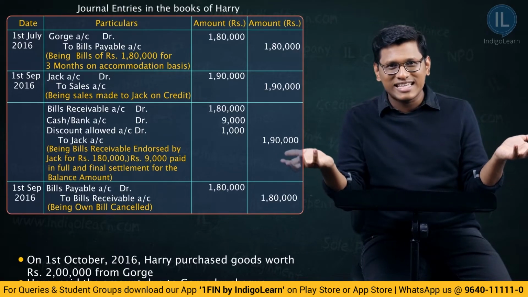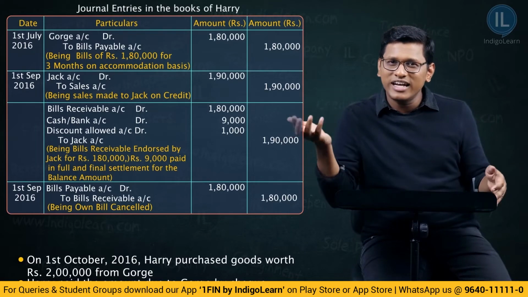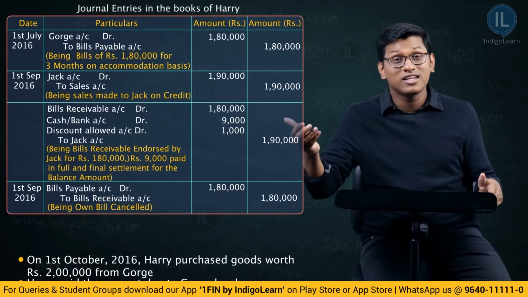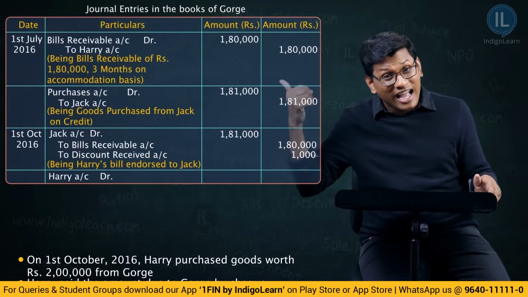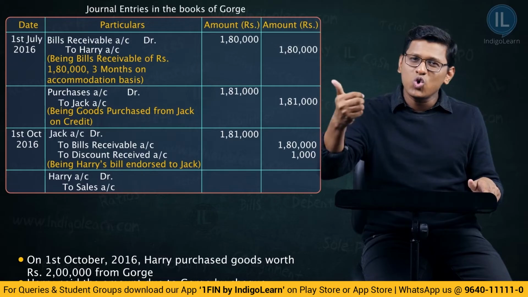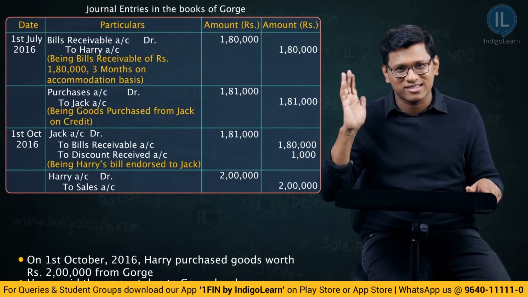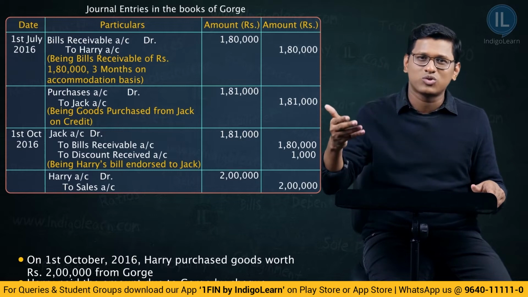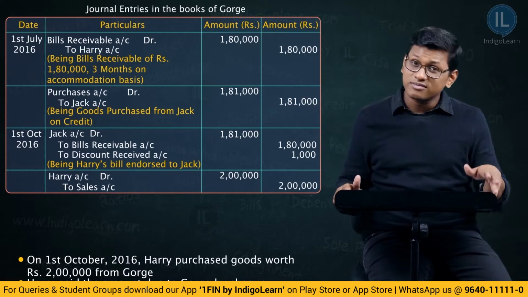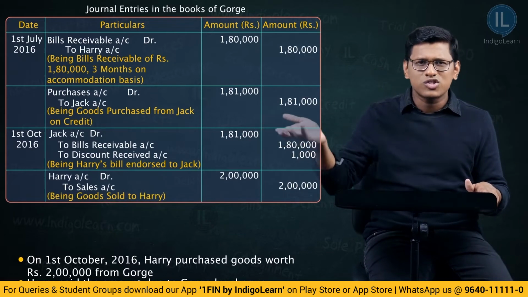For George, it is a sale. So what is the journal entry that George should pass? Harry account debited to sales 2 lakhs. Being goods sold to Harry.